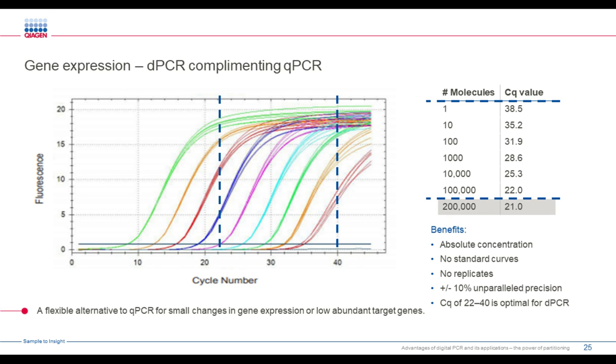If you can find a reference gene between CQ or CT of 25 to 30, which is stable in the 2 conditions, that's the one you can use in digital PCR. Because anything below 21, down to 0, is too abundant and will saturate the whole system for you when it comes to gene expression.